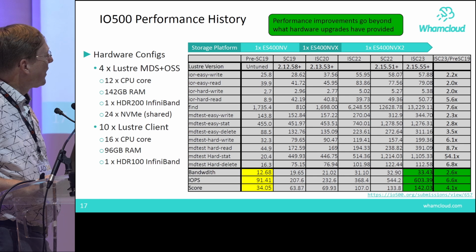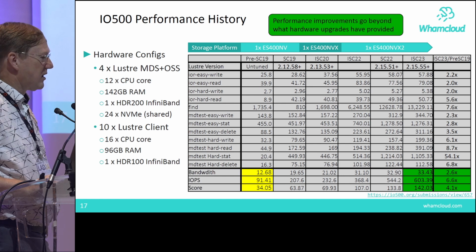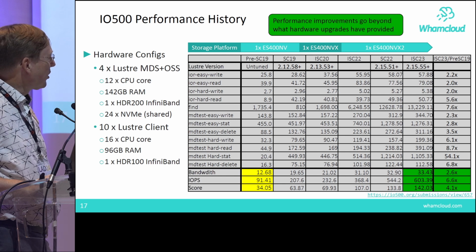The hardware changed a bit, but these performance improvements are at a level over and above what the hardware has improved. So both in terms of bandwidth and in metadata IOPS, we've seen some significant improvements over the years.